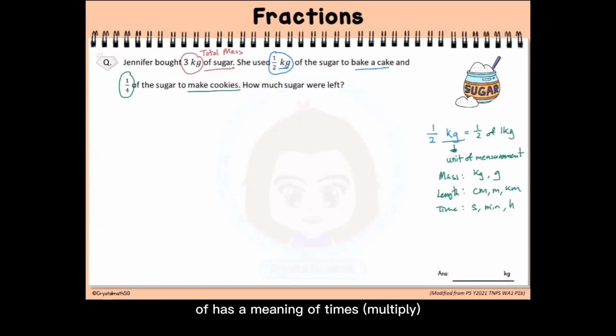And we learned in P5 that "of" means times. So half times 1 kilogram is the same as half times 1,000 grams. For those who have not learned it, 1 kilogram is actually 1,000 grams. When you multiply this out, this is actually 500 grams.